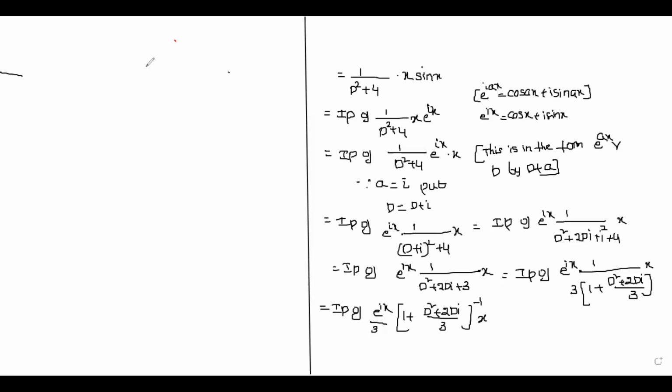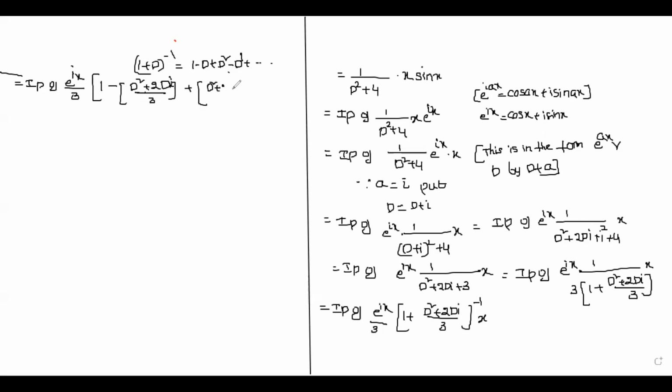Now this is in the form of (1 plus d) whole inverse, which can be written as 1 minus d plus d square minus d cube and so on. So this is equal to the imaginary part of e power ix by 3 into 1 minus (d square plus 2di) by 3 plus ((d square plus 2di) by 3) whole square plus and so on, into x.